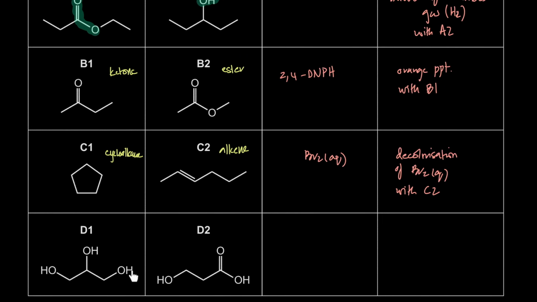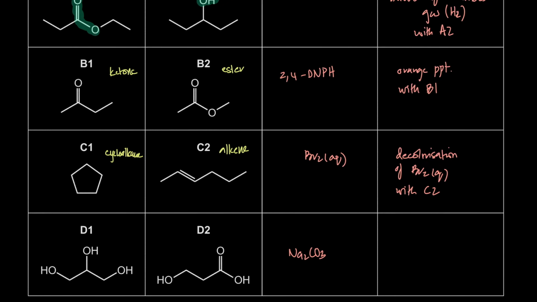We can't use the oxidizing agents either. We can't use acidified manganate 7 or acidified dichromate 6 because the primary alcohol group in D2 will react with the oxidizing agents, so we will see a color change with both of them. So we need something that will only react with the carboxylic acid, and for that we can use sodium carbonate. The acid reacts with sodium carbonate in an acid-base reaction.